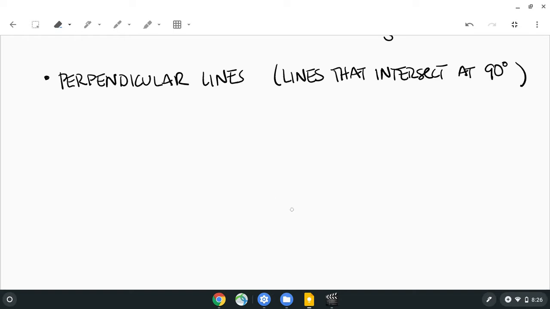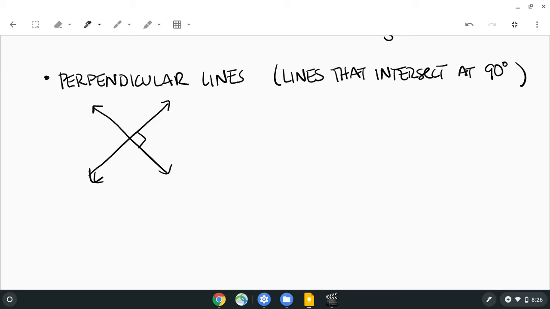So it's not enough that they intersect. They have to intersect at 90 degrees. So let's go ahead and draw that. So if this is one line, then the other has to be like a cross. And right there, my 90 degrees.